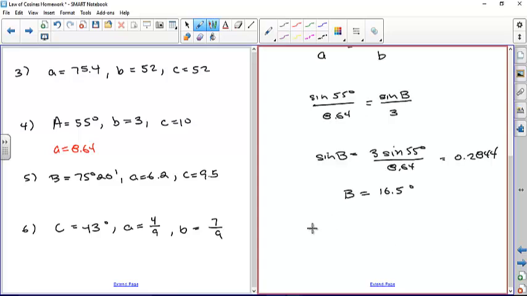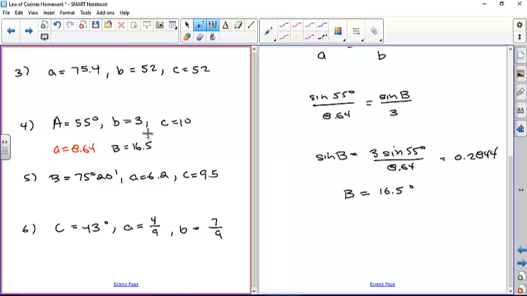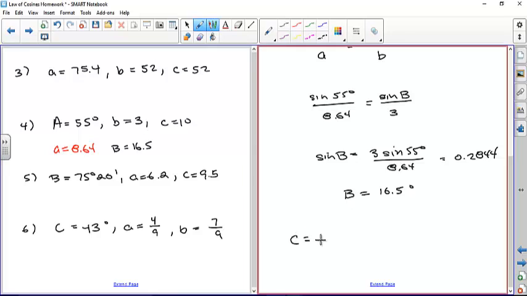And then you could find angle C. So here's angle B, 16.5 degrees. So C is going to be equal to 180 minus 16.5 minus 55. So I get 108.5 degrees.